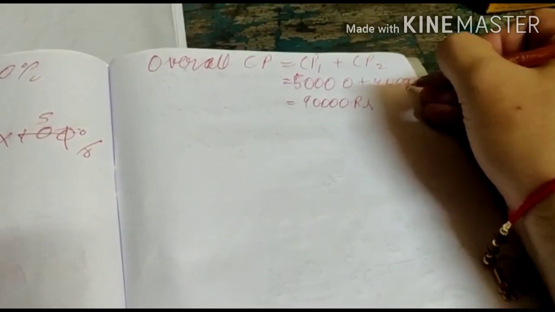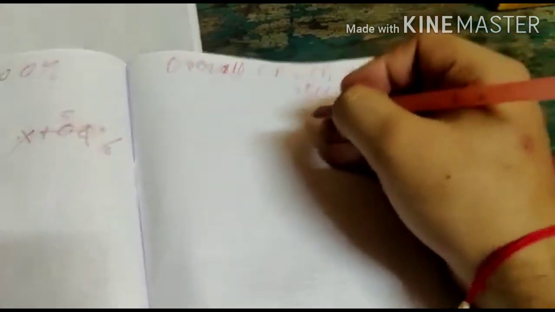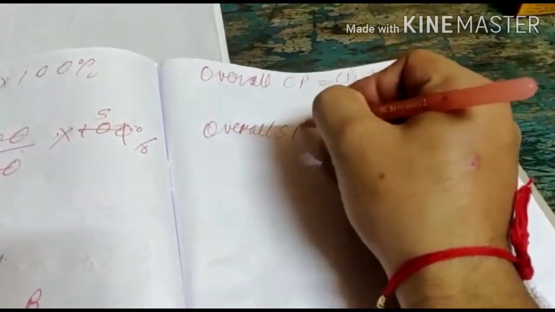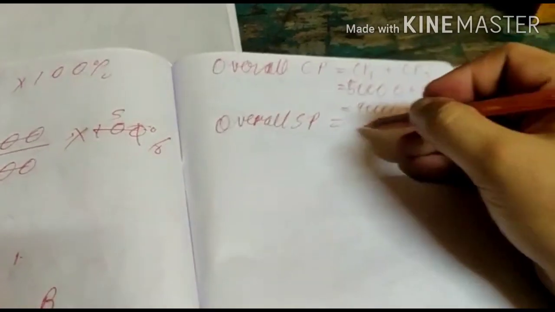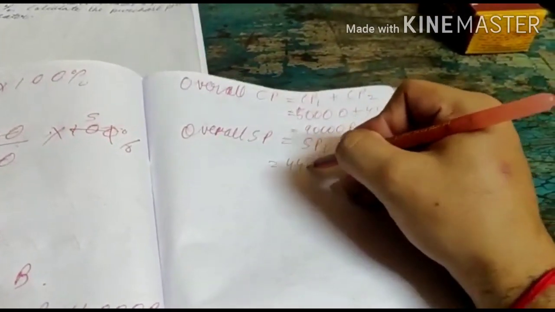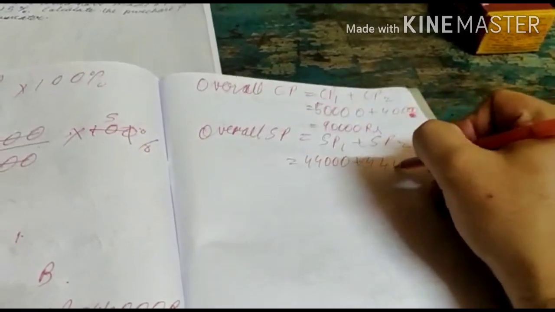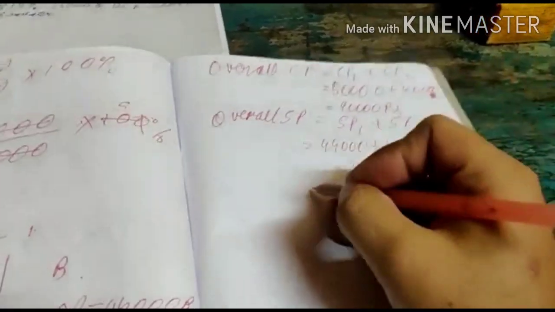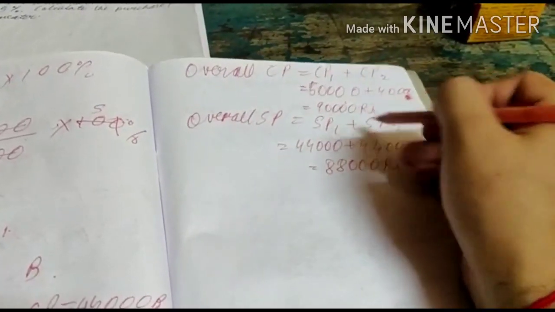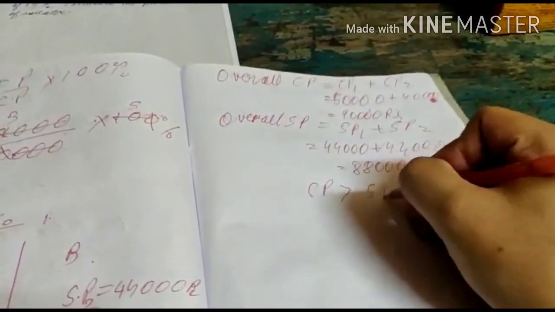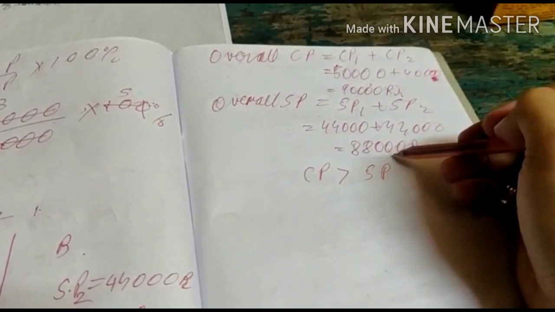And overall SP is 44,000 and 44,000, SP1 plus SP2. 44,000 plus 44,000, this is 88,000 rupees. Here our overall CP is 90,000, overall SP is 88,000.